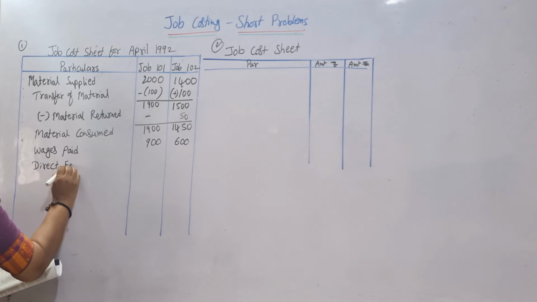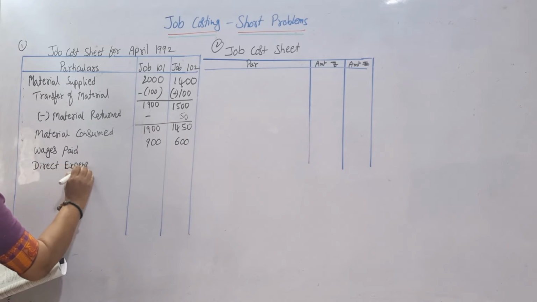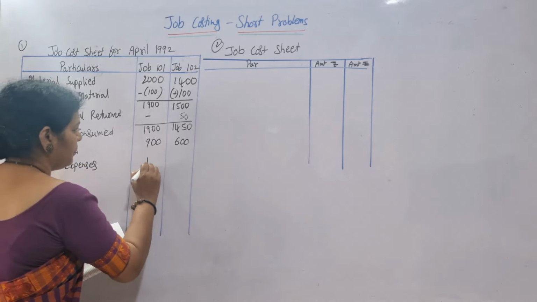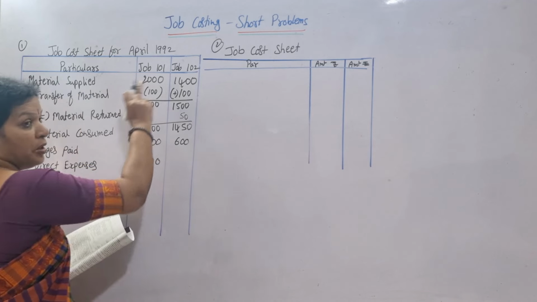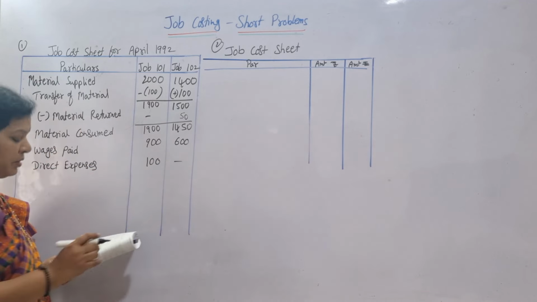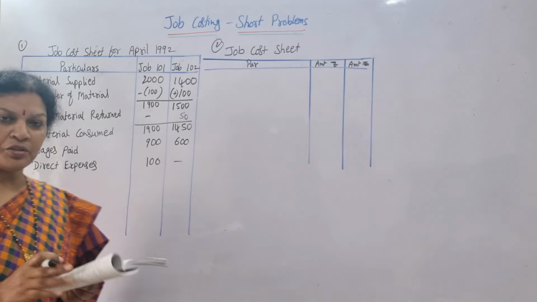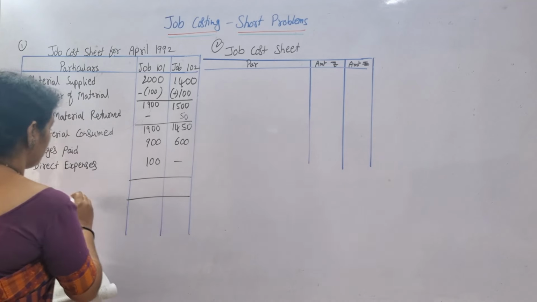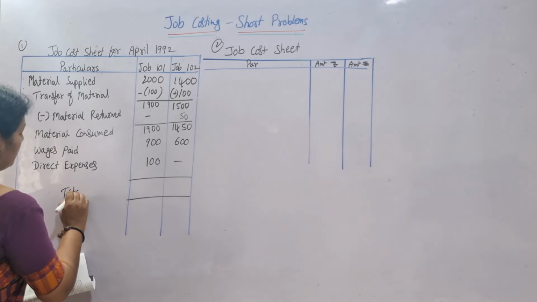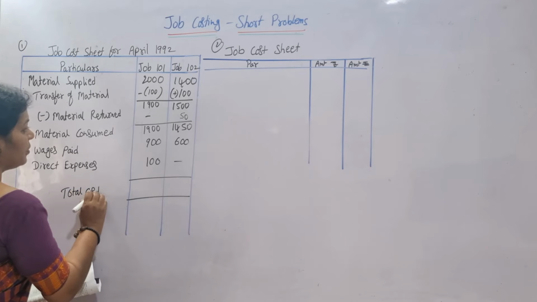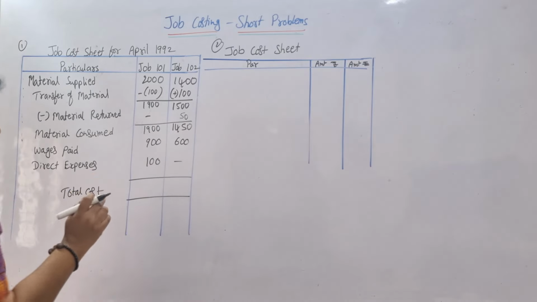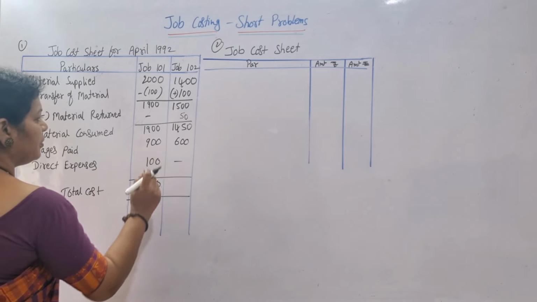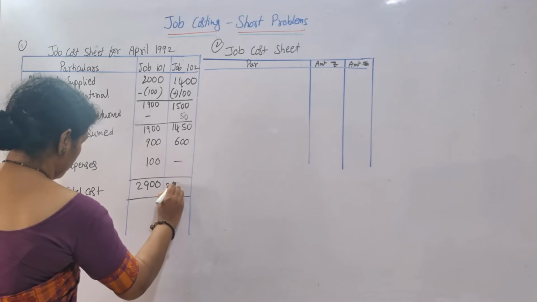Direct expenses are 100 only, for the job number 101. For 102 it is not given. Anything else? That's all. This is the information we have. So total cost here: 1900 means it is 2900, and this is 2050.